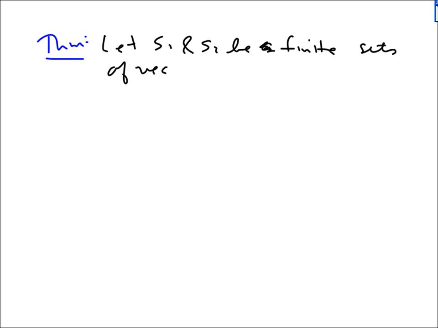Let S1 and S2 be finite sets of vectors with S1 being contained in S2. Every vector in S1 is also in S2.